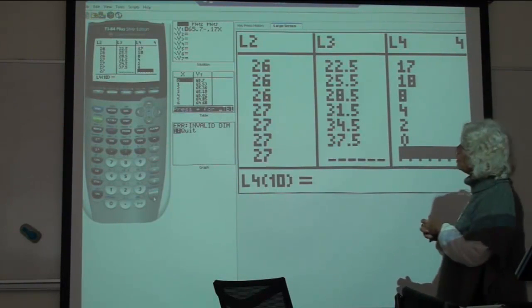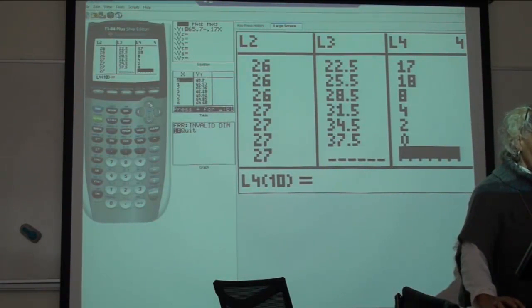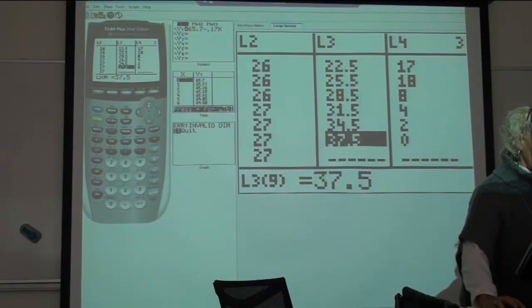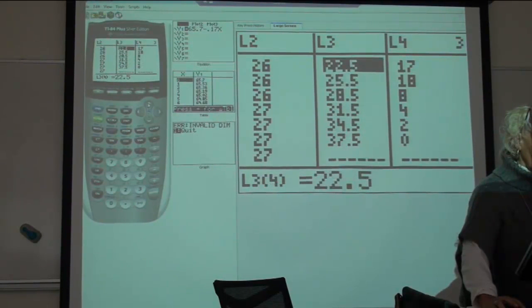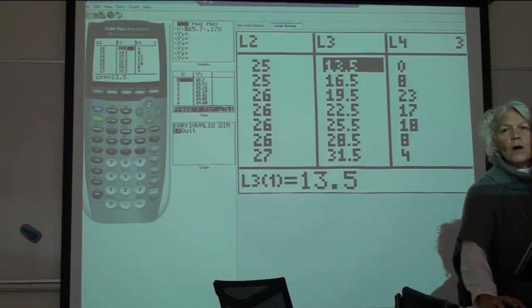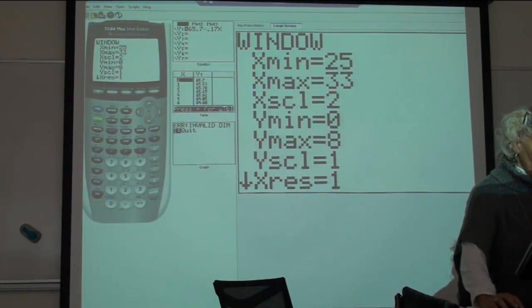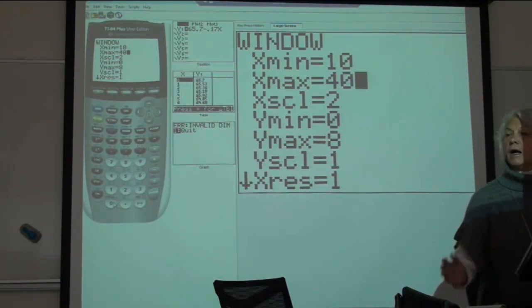All right, so what would we be graphing? We want to start at 13.5, so I'm going to start at 10. Right? So window, I'm going to start at 10, and I'm going to go to 40, just because I can.